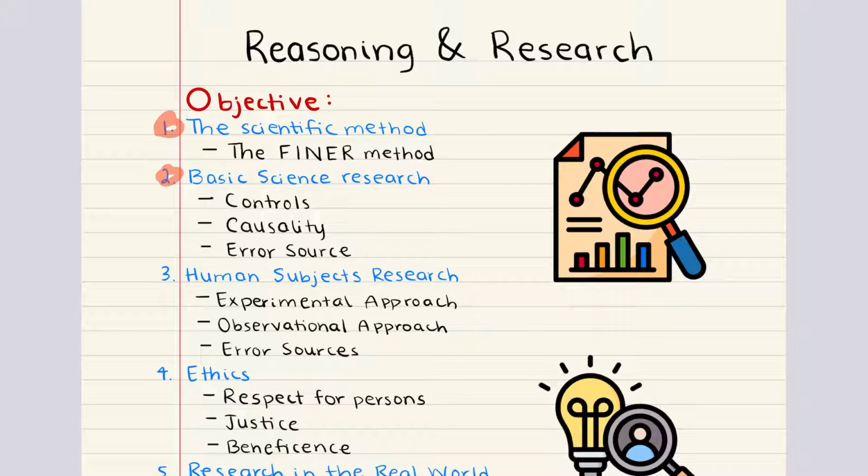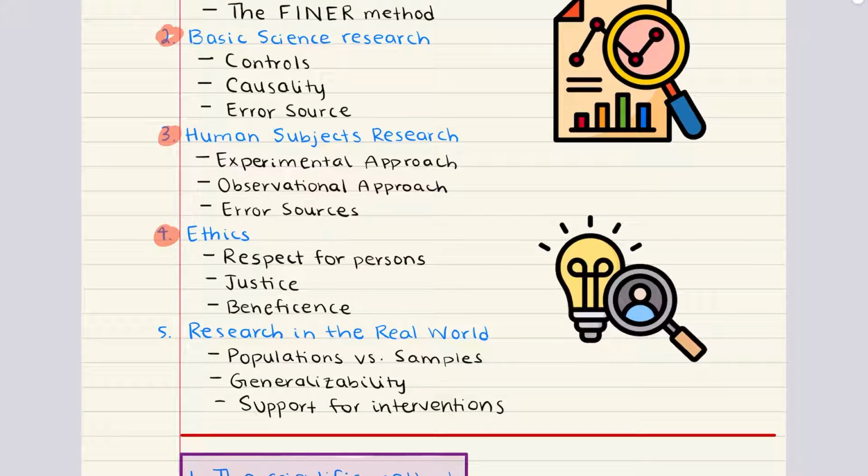Following that, we're going to dive into human subjects research, where we're going to compare the experimental approach with the observational approach and also address common error sources in these studies. After that, we're going to look at the principles of ethics in research, and then we're going to discuss the importance of these principles in conducting ethical studies.